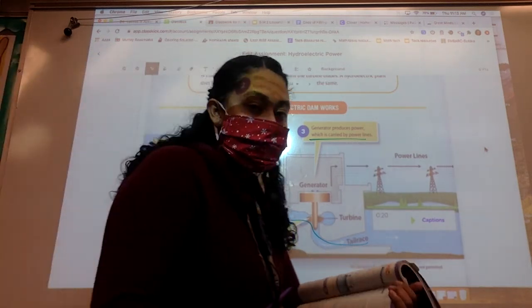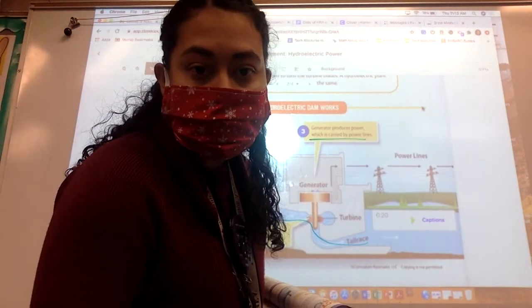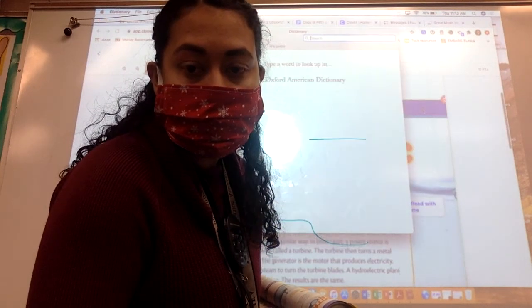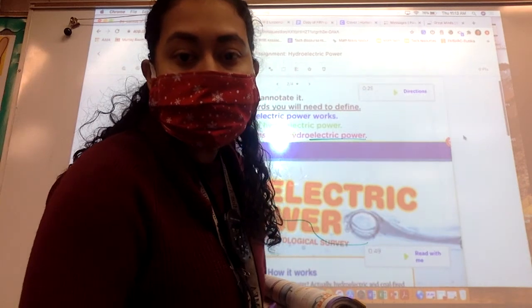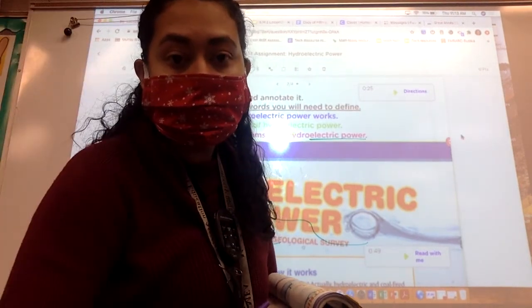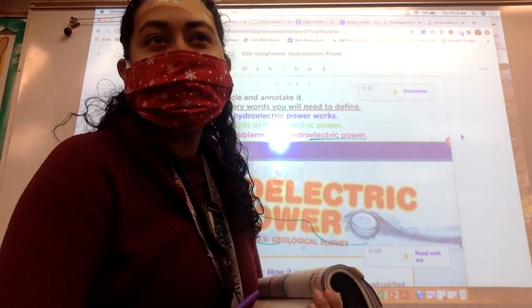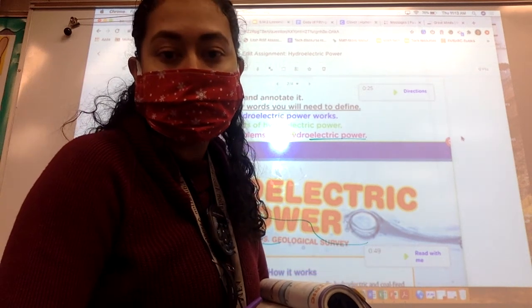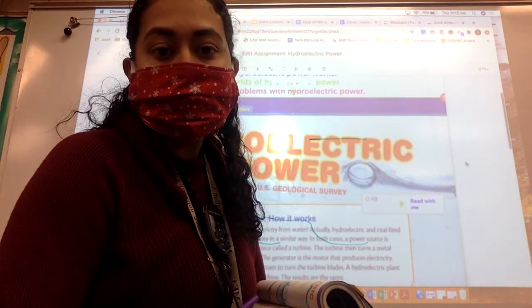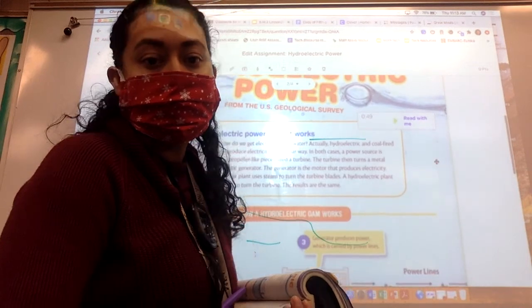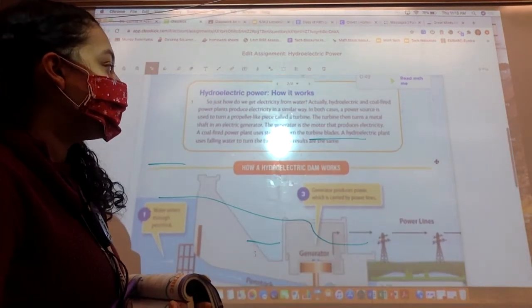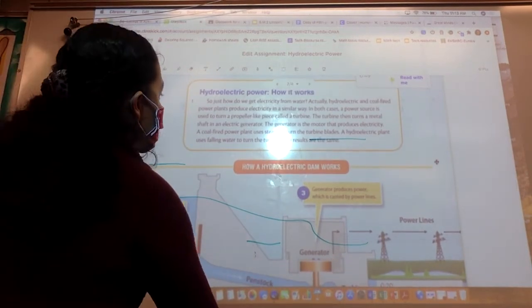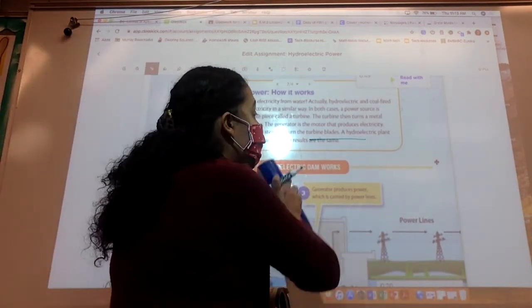Okay. So next, let me scroll. Oh, that's not what I wanted. Highlight in green, but use your pencil, benefits of hydroelectric power. So what are some benefits with it? So reread over here. What are some benefits of the hydroelectric power? Dylan?